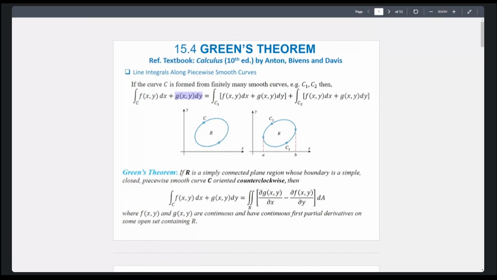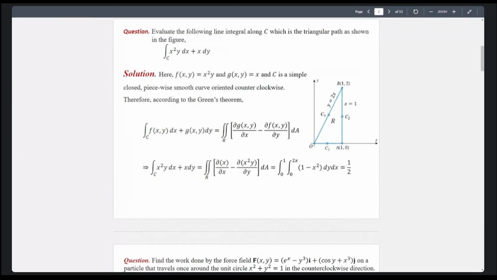If you look at this formula, Green's theorem says this can be evaluated by taking a double integration of del g del x minus del f del y, into dA. And the double integration should be taken on the space that is surrounded by the line C. So instead of doing a single line integral, now it becomes easier to handle just a double integral here. And this helps to complete the line integral in a short time.